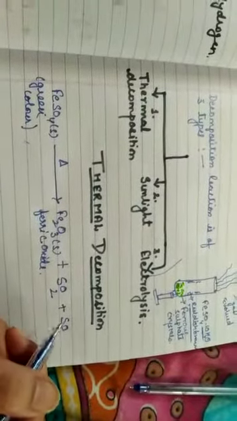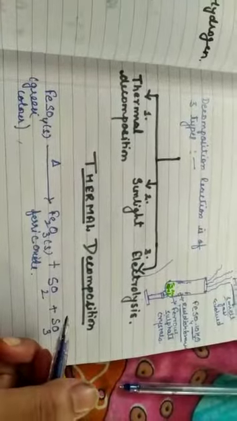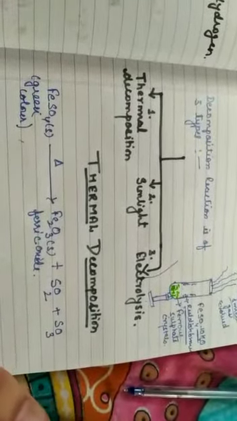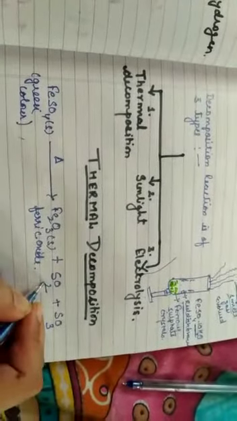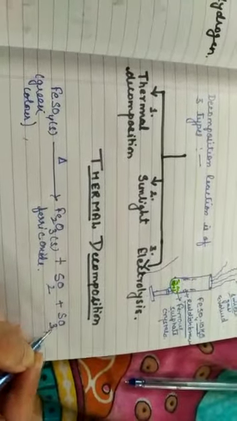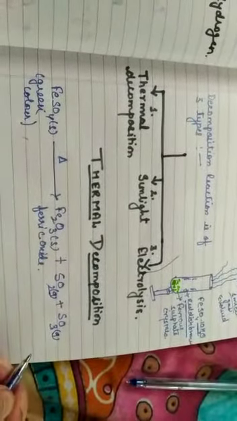Always remember, whenever in the question a pungent smell gas is mentioned, remember that it is sulfur. Sulfur has the pungent smell. So sulfur dioxide and sulfur trioxide will evolve. We will write here G and G because it is in gaseous form.